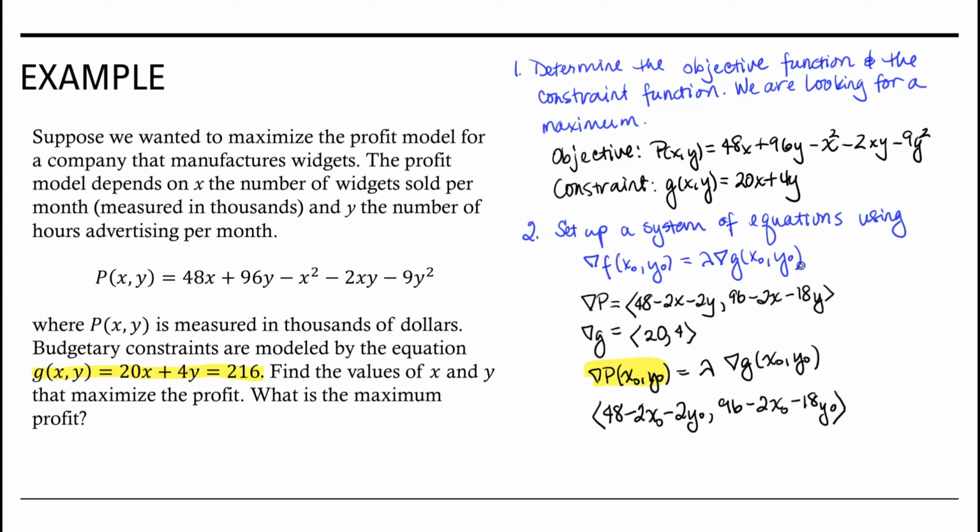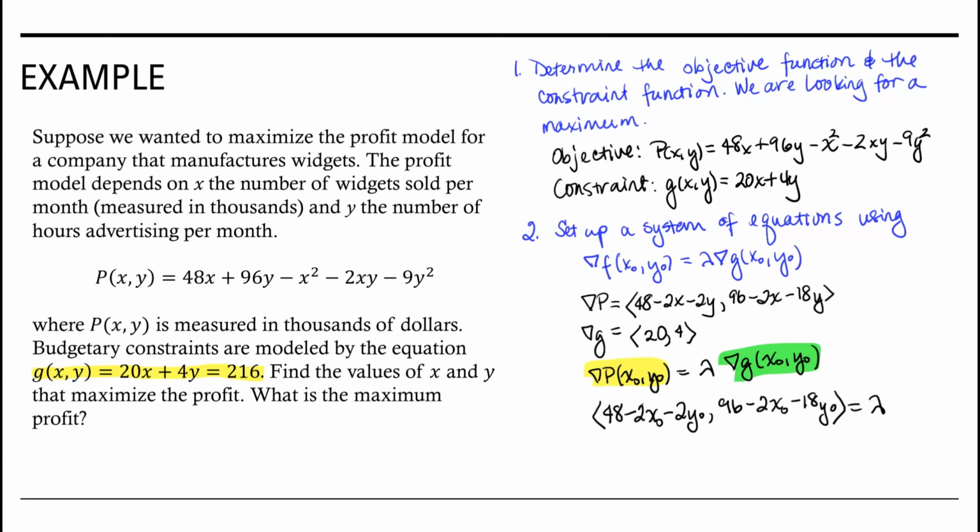Equals lambda times, and now I want the gradient of g at x naught, y naught. Notice that the gradient of g consists of constants, so there's no place for me to substitute in an x naught or a y naught.